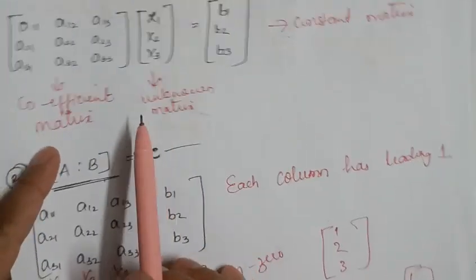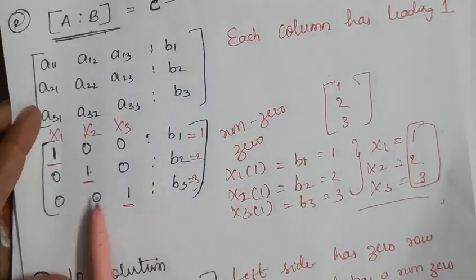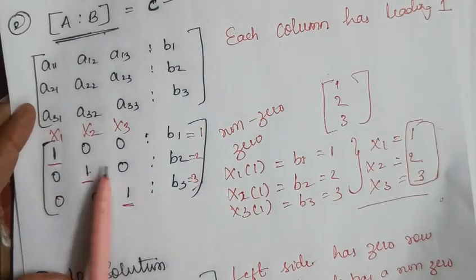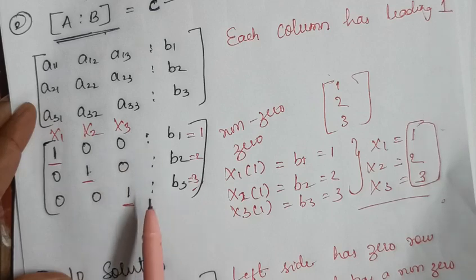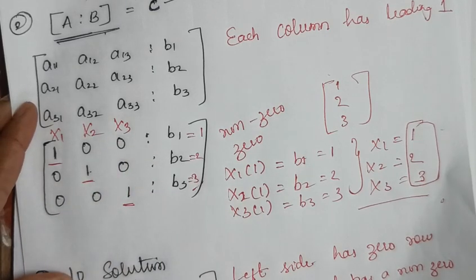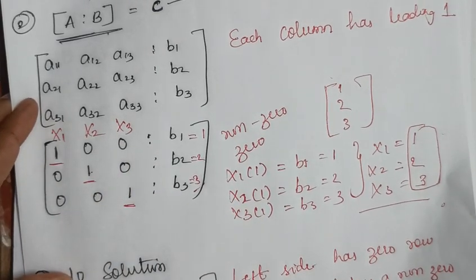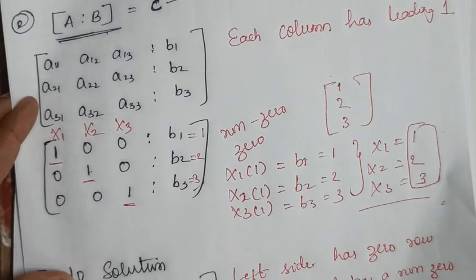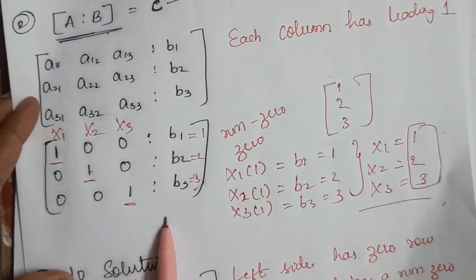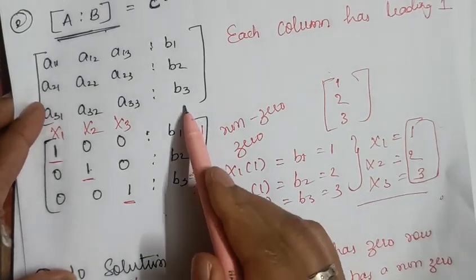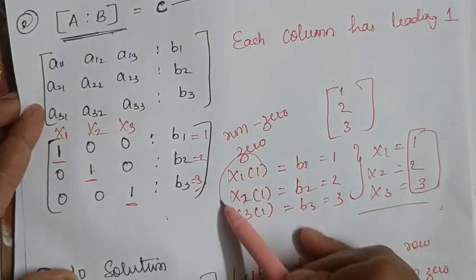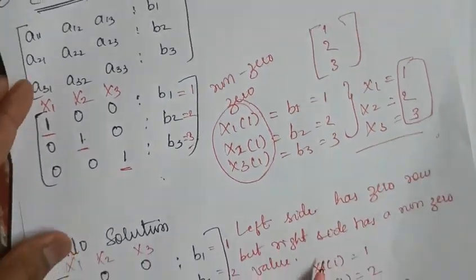Unique solution: you have got leading ones in every column, no row is a 0 row, and everywhere you have got a leading one. You get a unique solution for x1, x2 and x3.